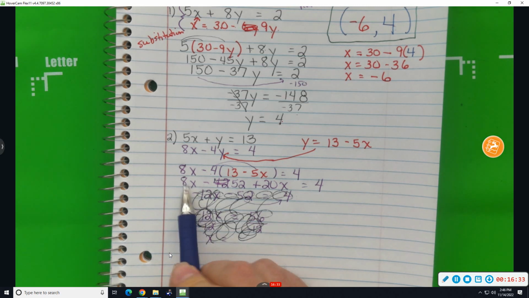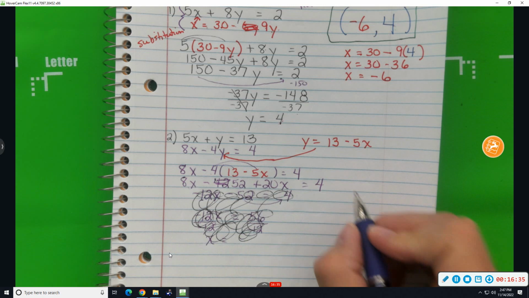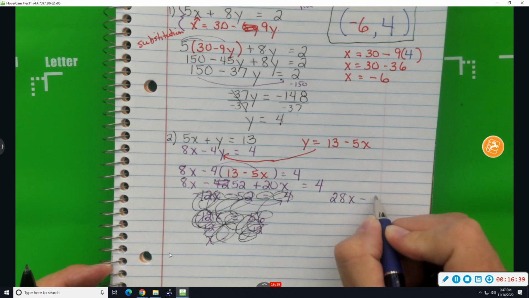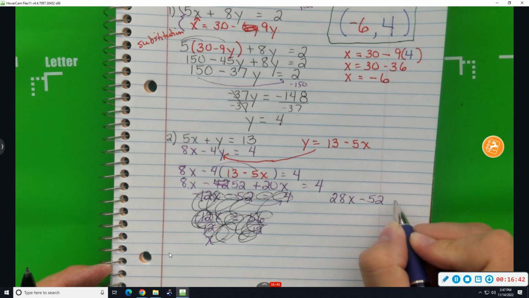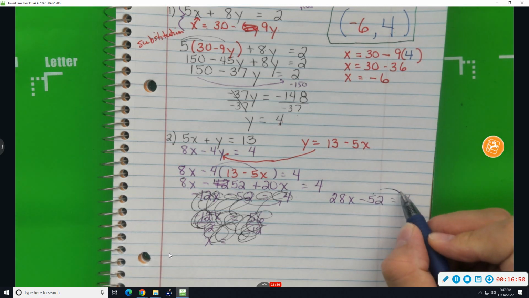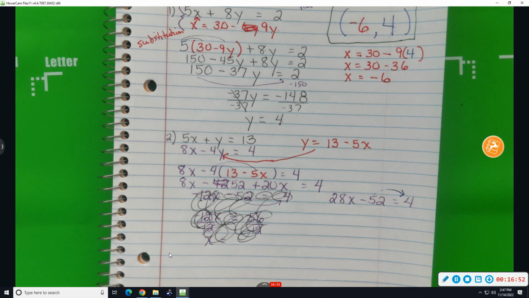The 8x plus 20x is 28x. I'm sorry about that. Minus 52 equals 4. Not sure why I subtracted those. Now, I'll move the 52 over.